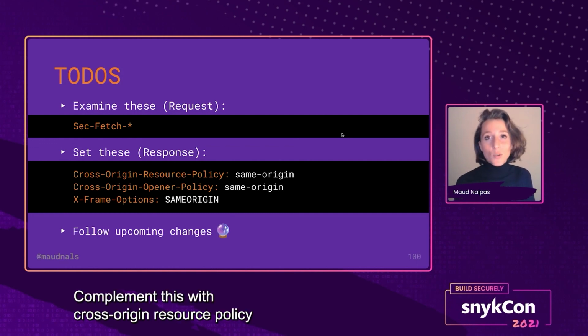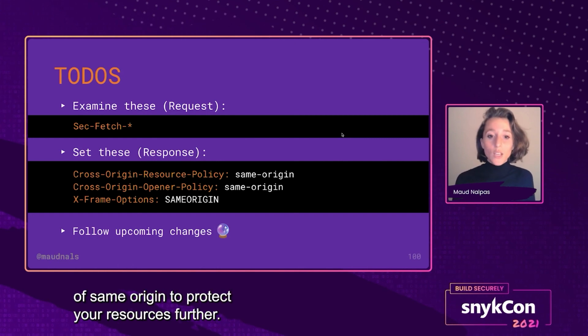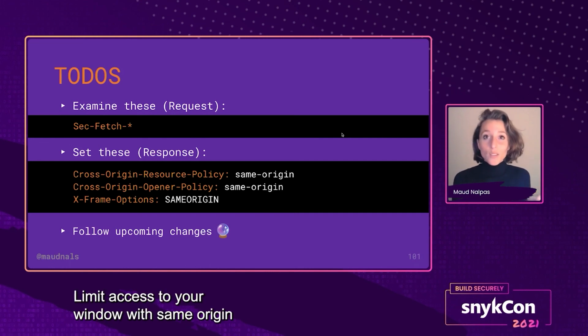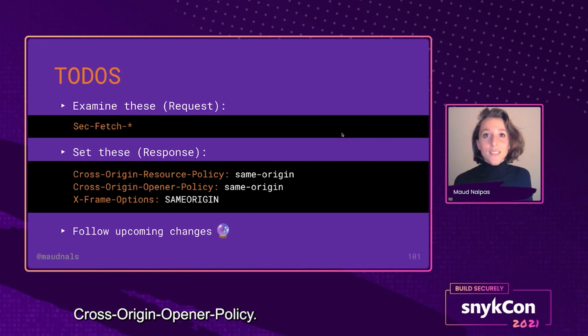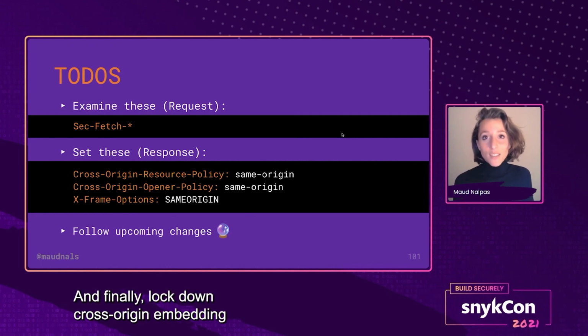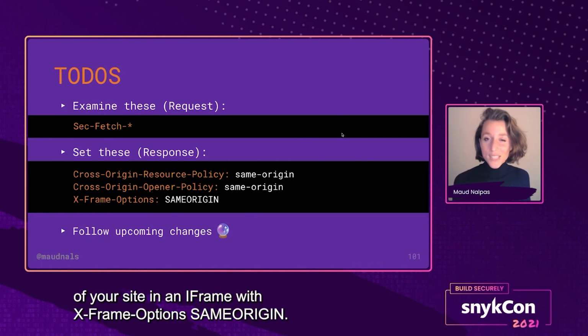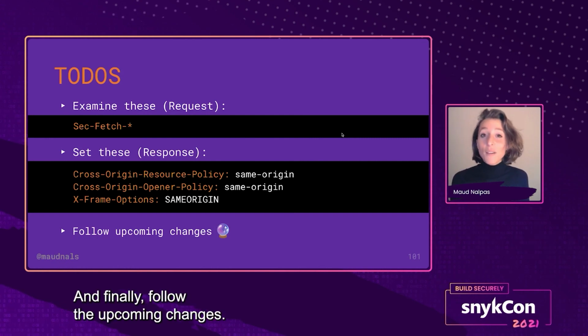Complement this with Cross-Origin-Resource-Policy of same-origin to protect your resources further. Limit access to your window with same-origin Cross-Origin-Opener-Policy. And lock down cross-origin embedding of your site in an iframe with X-Frame-Options same-origin. And finally, follow the upcoming changes.